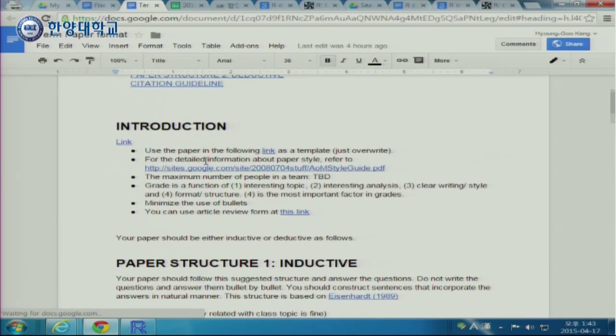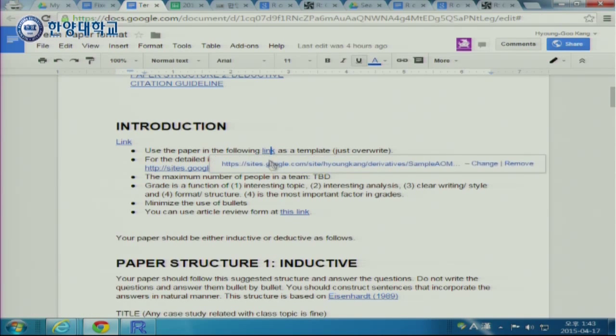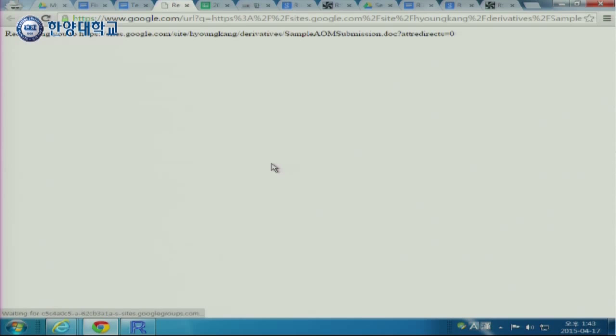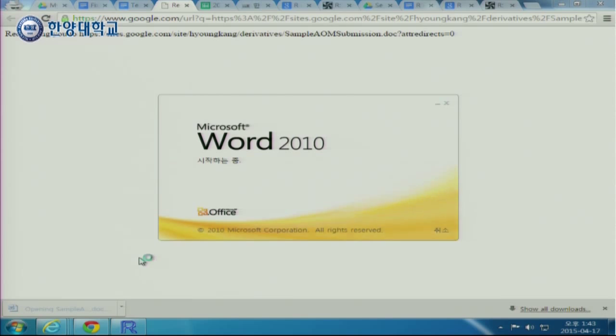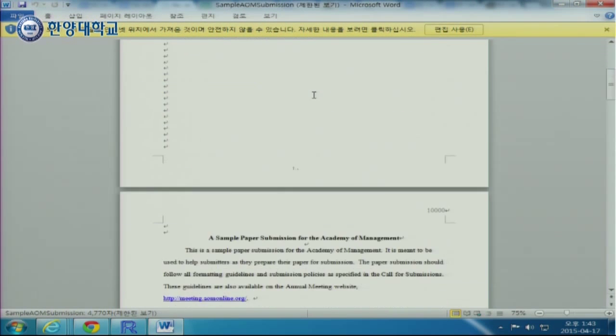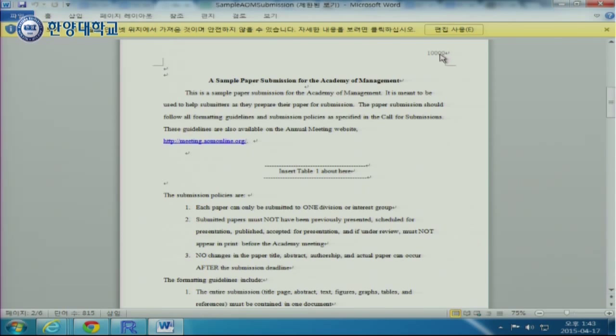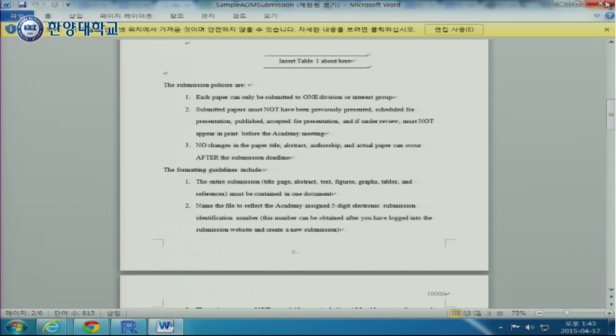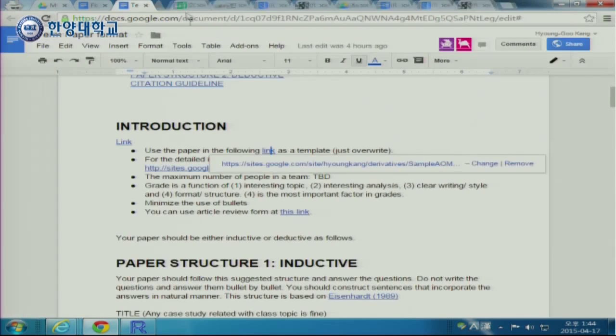Term paper format, introduction. Use the paper in the file as a template. Yeah, the sample paper, so this is like a template. Template, title, abstract, and so on. Table 1, page number over here. I even gave a template.